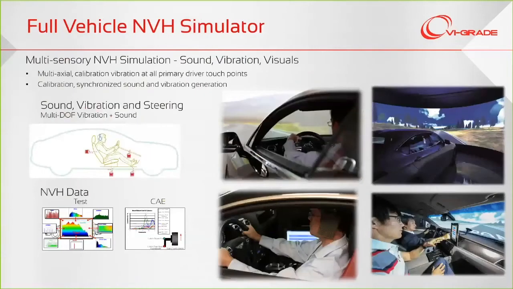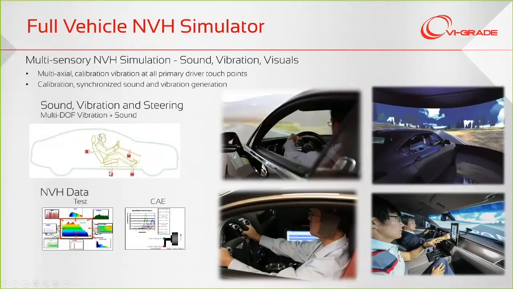So the full vehicle simulator has the same capabilities as the desktop simulator, but it's built into a vehicle body or vehicle shell. And we add vibration, and that vibration is calibrated. It's independent from one another. So it's multi-axial independent vibration that's calibrated.